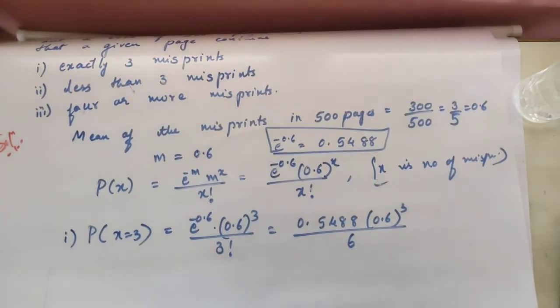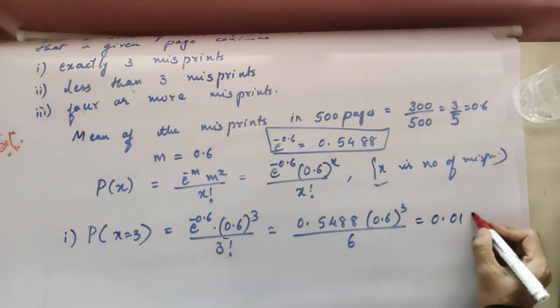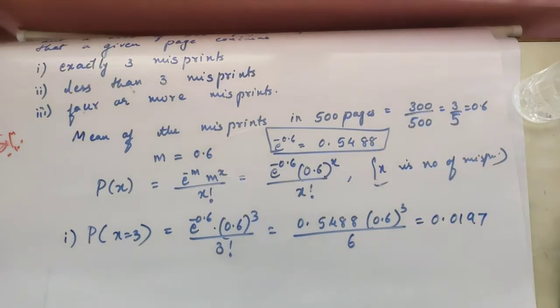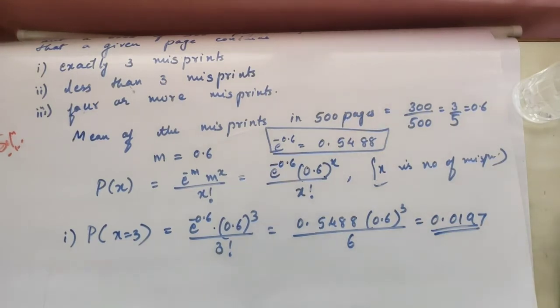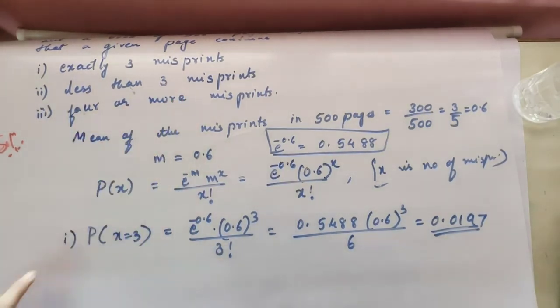When you further simplify this, it comes out to be 0.0197. Therefore the probability of exactly 3 misprints in a given page will be 0.0197.